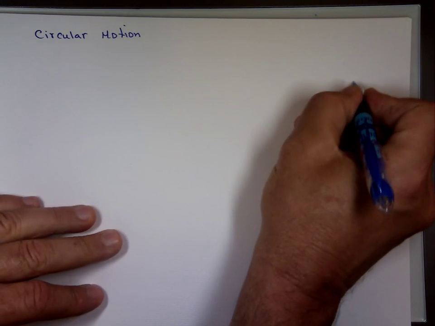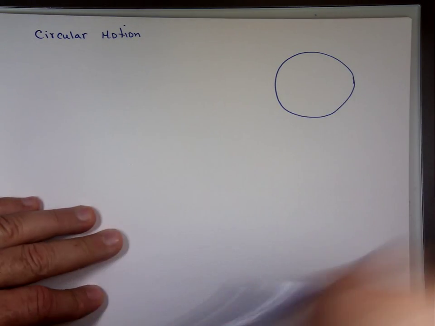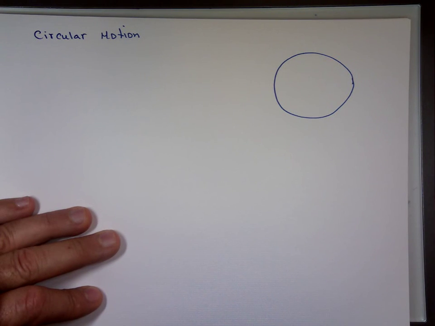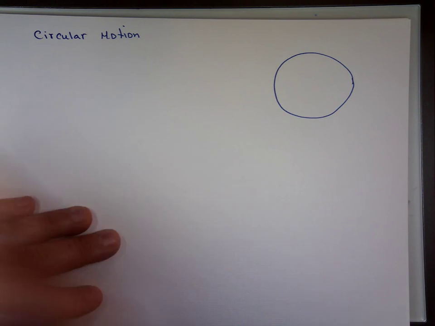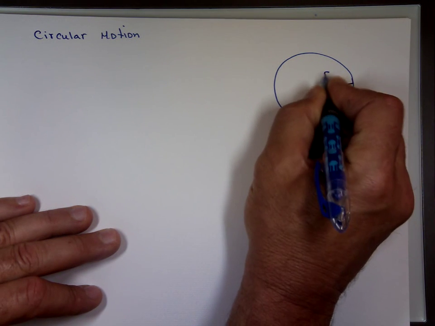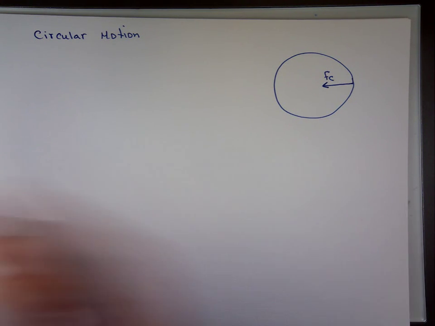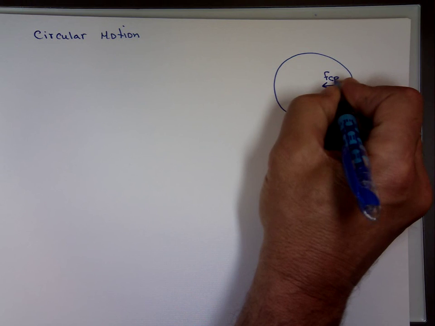When you're on the merry-go-round, there's a force pointing toward the center, called F_C, centripetal force. Our book calls it CP, centripetal, center seeking.